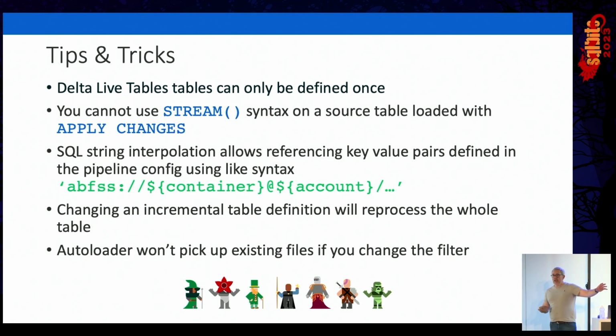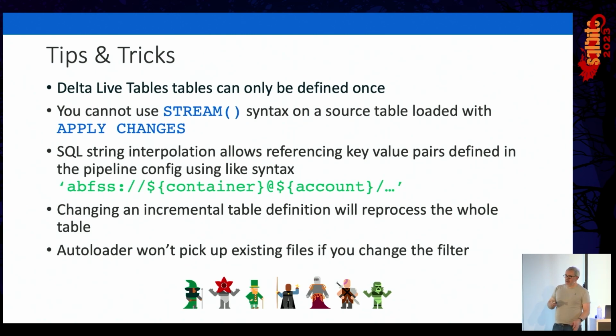If you apply changes to load a table, you cannot then use that as a stream source in the next step and do an incremental load off of it. If you are merging changes in, you have to read the whole table to load the next layer. The string interpolation one that we touched on is really important. That one definitely isn't in the documentation.